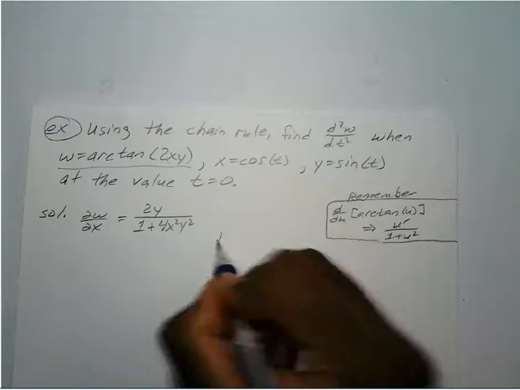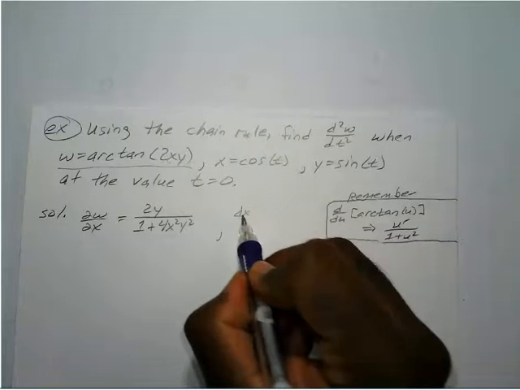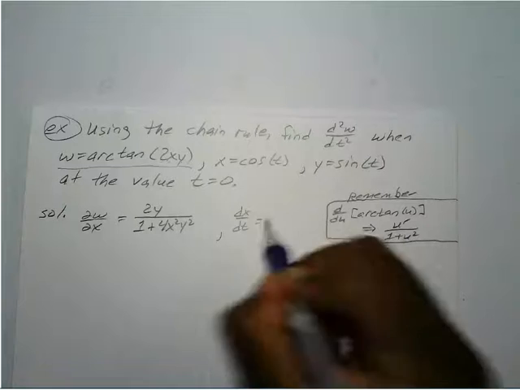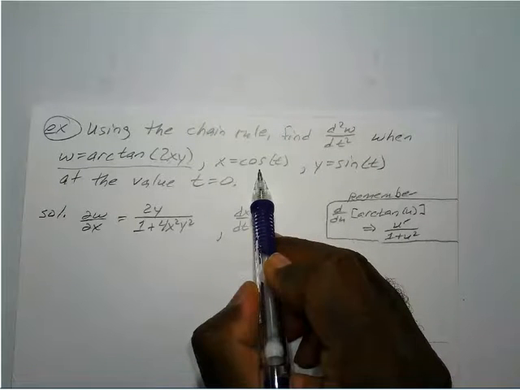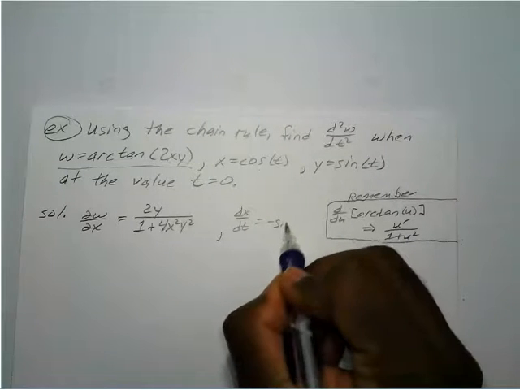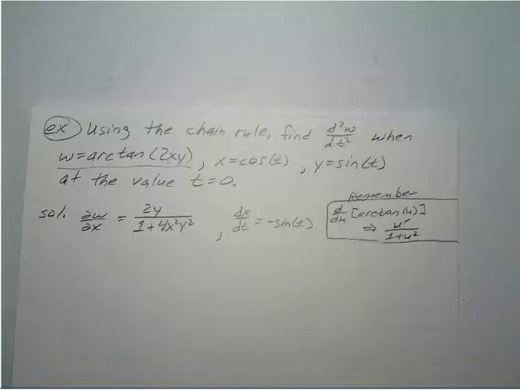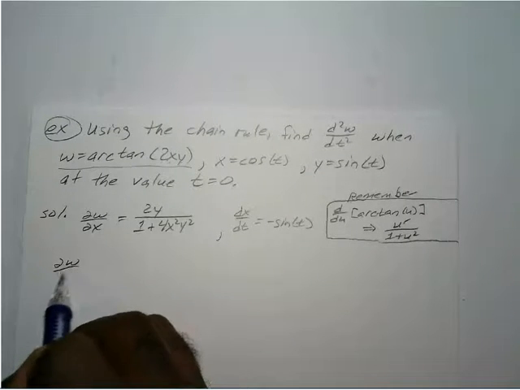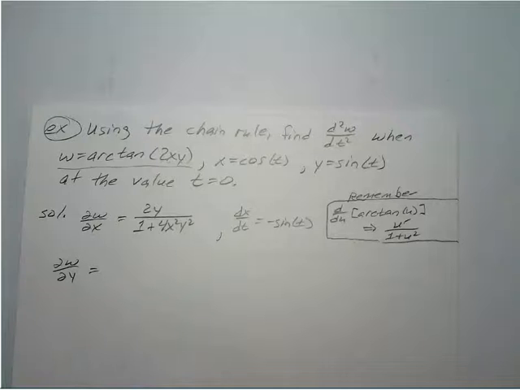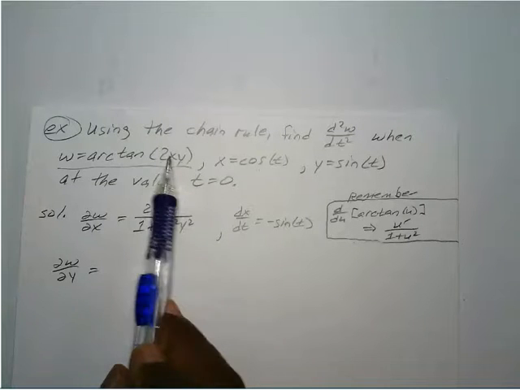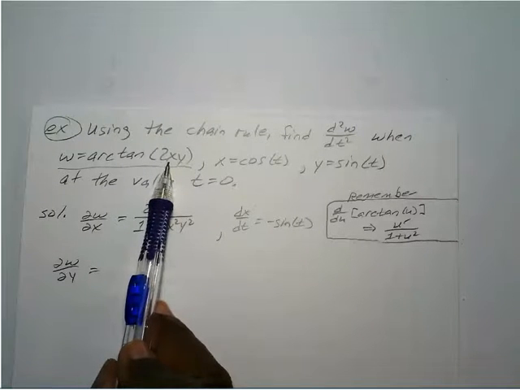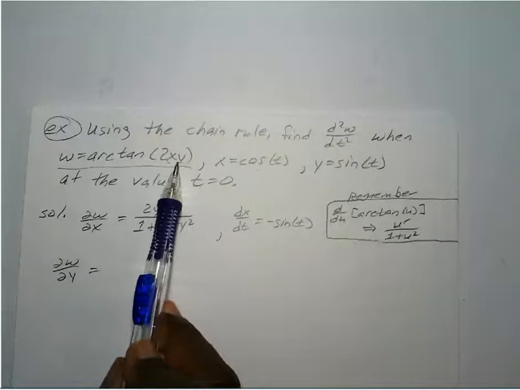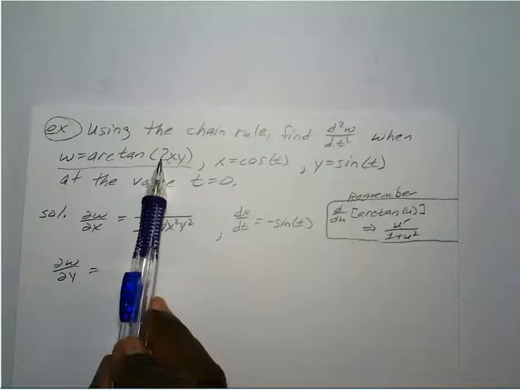Okay. Now we need our dx/dt, the derivative of x. The derivative of cosine is just negative sine. We need our partial of w with respect to y. Again, that's our u, so for the derivative of u with respect to y, the 2x is considered a constant.